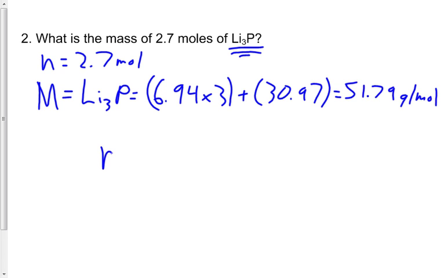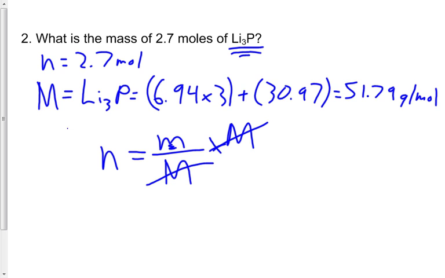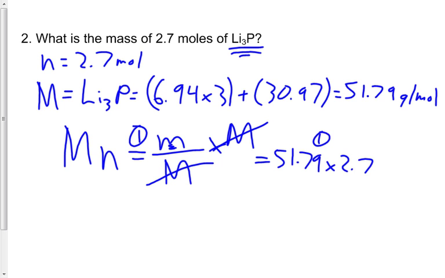Now I have little n and big M. So n equals little m over big M, and I need to manipulate to get little m by itself. So I multiply both sides by big M. It cancels on that side and appears over here. So 1 mark for your manipulation. And you'll get 1 mark for plugging in the numbers correctly. So that's 51.79 times 2.7.